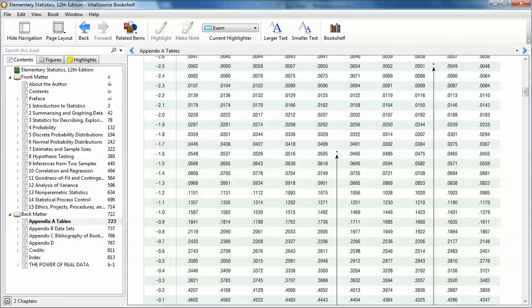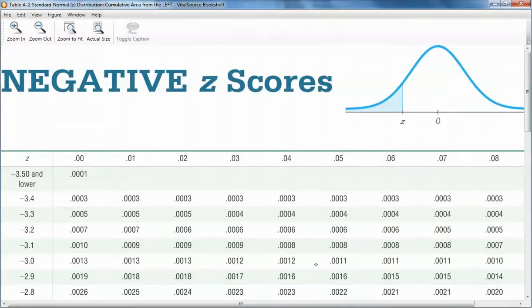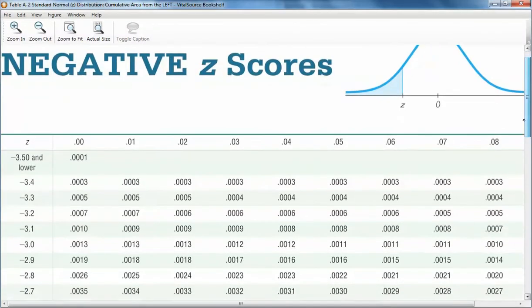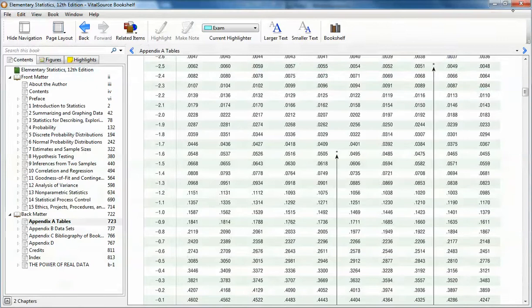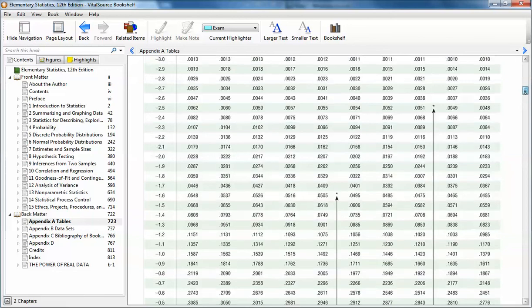0.26, 0.29, let's see, 0.27. Getting closer. 0.27, 0.28, 0.2877, right here exactly. I zoomed in again. That's going to be a negative 0.5, and then see which column this is.